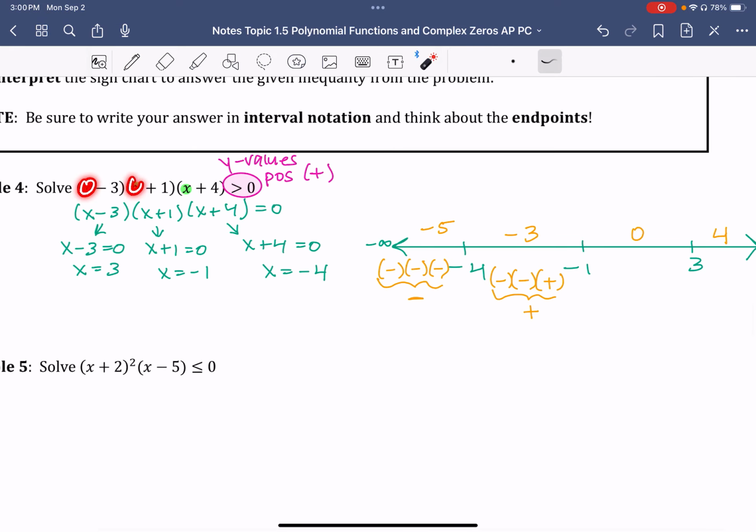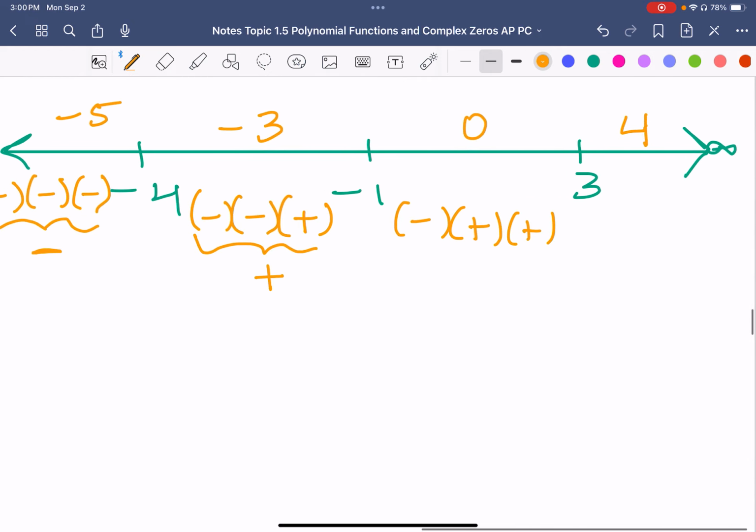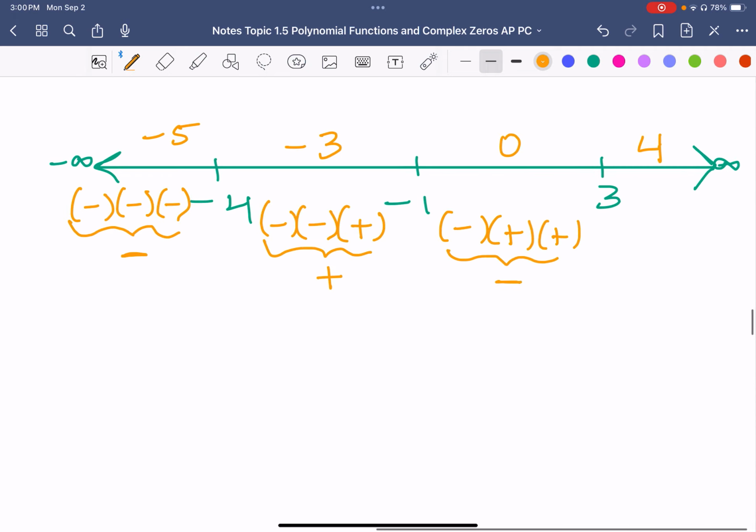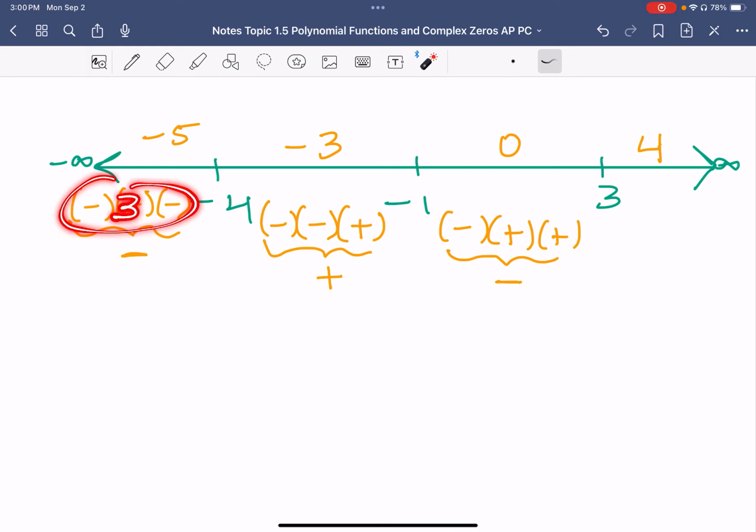Okay, 0 minus 3, 0 plus 1, 0 plus 4. 0 minus 3 is negative, 0 plus 1 is positive, and 0 plus 4 is positive. A negative times a positive is a negative, and a negative times a positive is still a negative. A quick trick that you can do is, if you have an odd number of negatives, like here we had 3 negatives, odd numbers are going to result in the number staying negative.